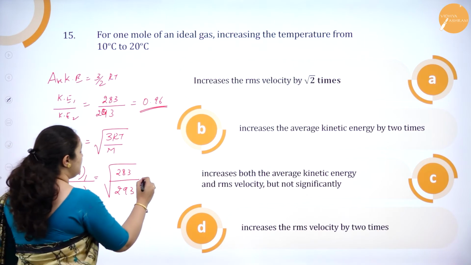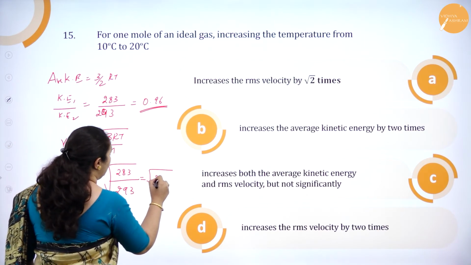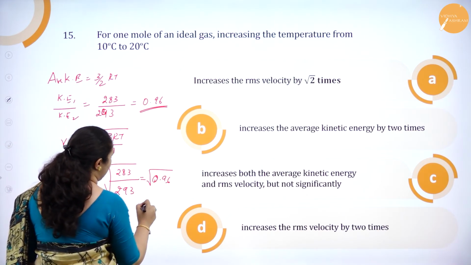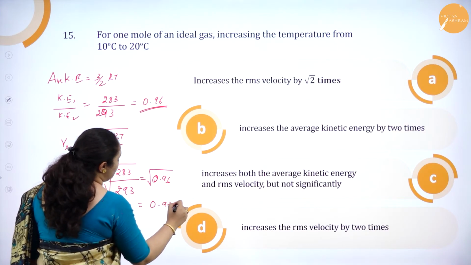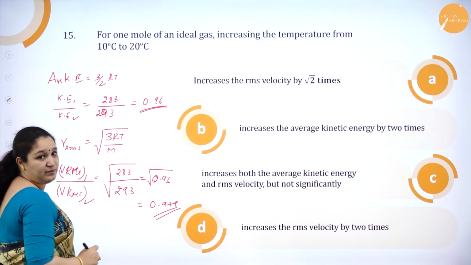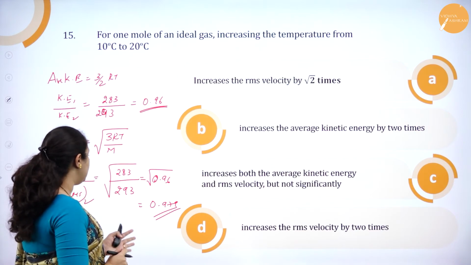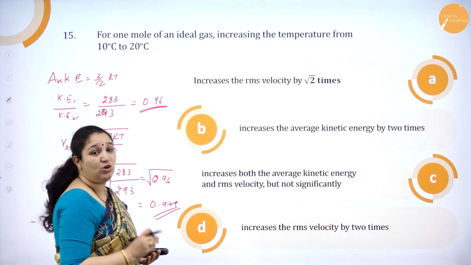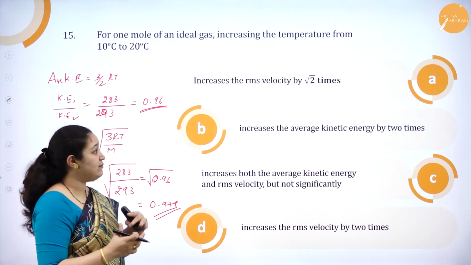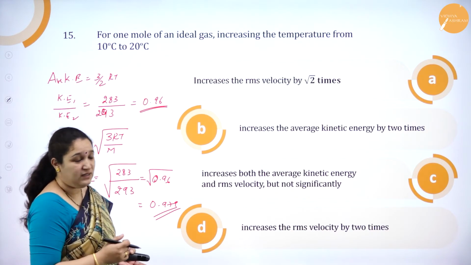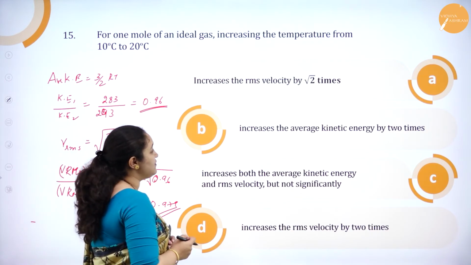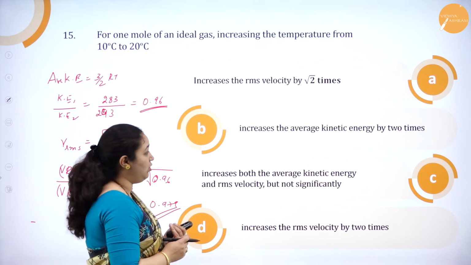Correct? So this is nothing but the square root of 0.96, which you will get as 0.979 or 0.978. But is it increasing? Yes, it is increasing, but not significantly, not 2 times, not square root 2 times. So option A, increases RMS velocity by square root 2 times, is wrong.